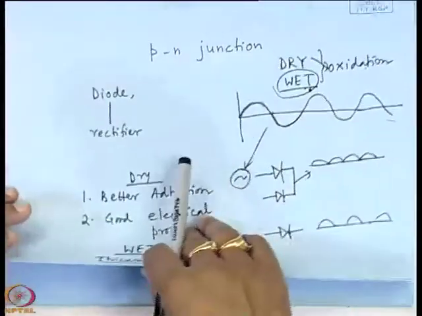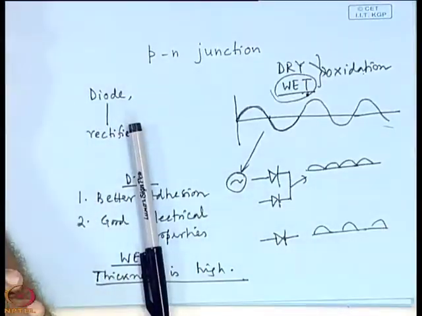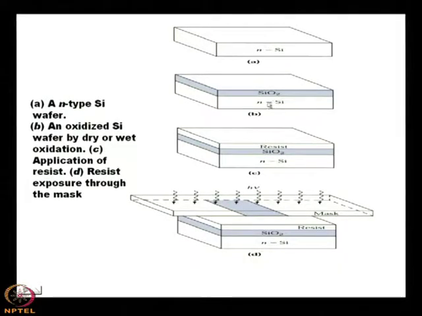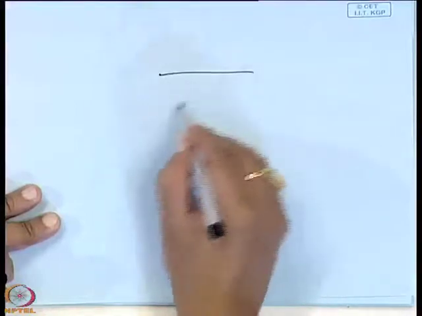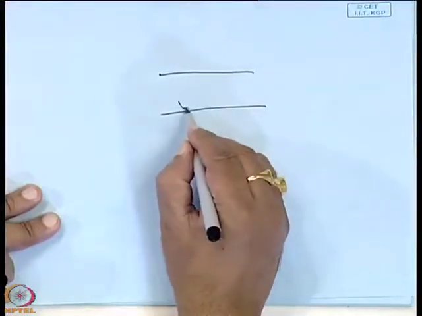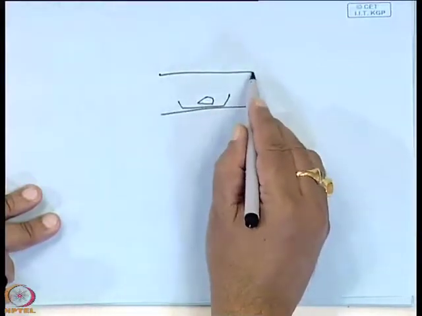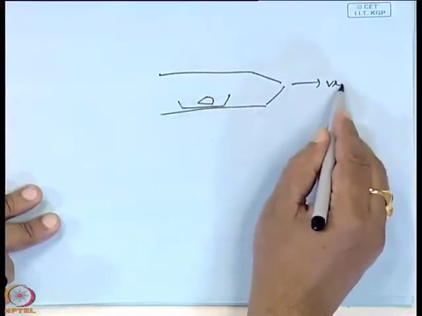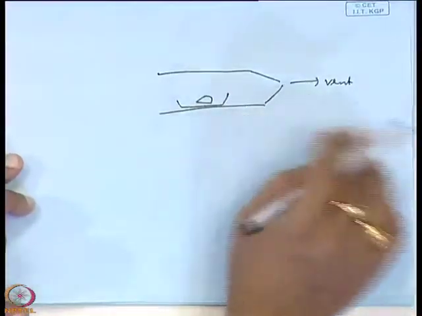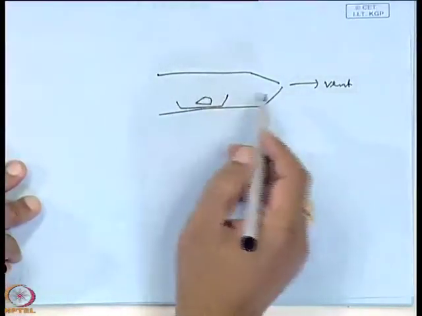Okay. So the first step is to make the SiO2 layer on n silicon. Say we have started with an n type silicon. Then oxidation is done using a furnace. This is a furnace, this is a quartz boat on which the silicon is placed, and this is a vent through which the byproducts will leave the furnace.